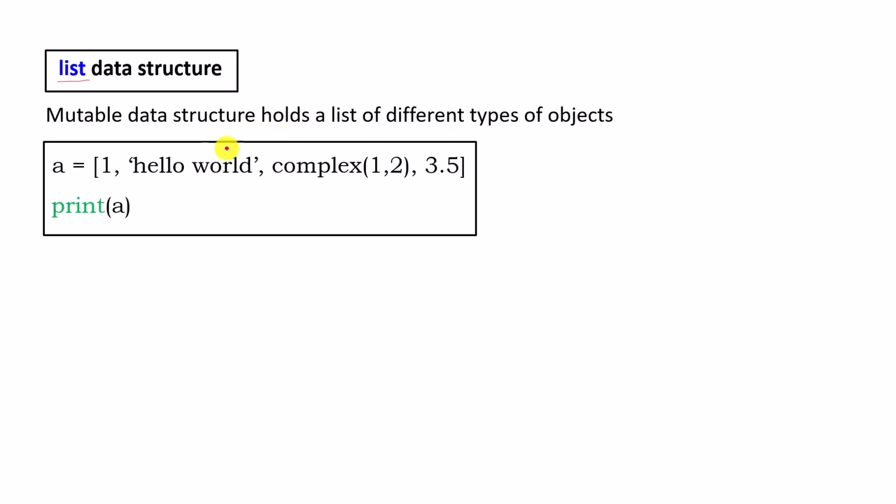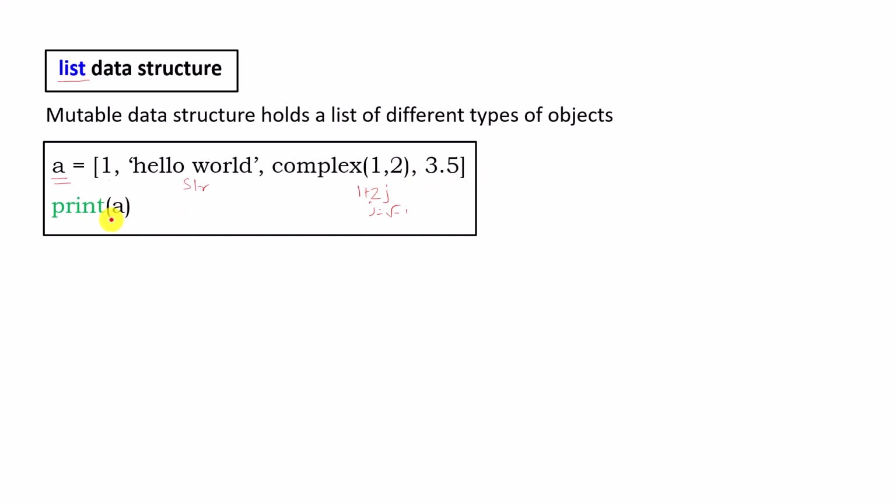So for instance, let us say A contains 1, which is an integer, then there is "hello world", which is a string, then there is a complex number 1 plus 2j, where j means root over minus 1, and 3.5 is a real number.